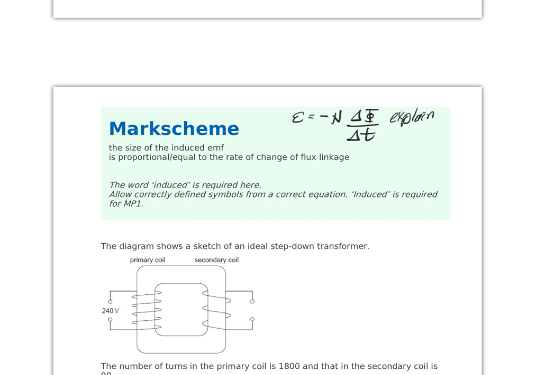When they say state a law, you can write the law, but just for yourself as a visual, but that does not count as actually explaining what it is. You have to walk through and say what all of the variables are and what the relationships are. So the EMF, that's this, and equal to the rate of change of flux linkage, that is that N times the change of flux over change in time.